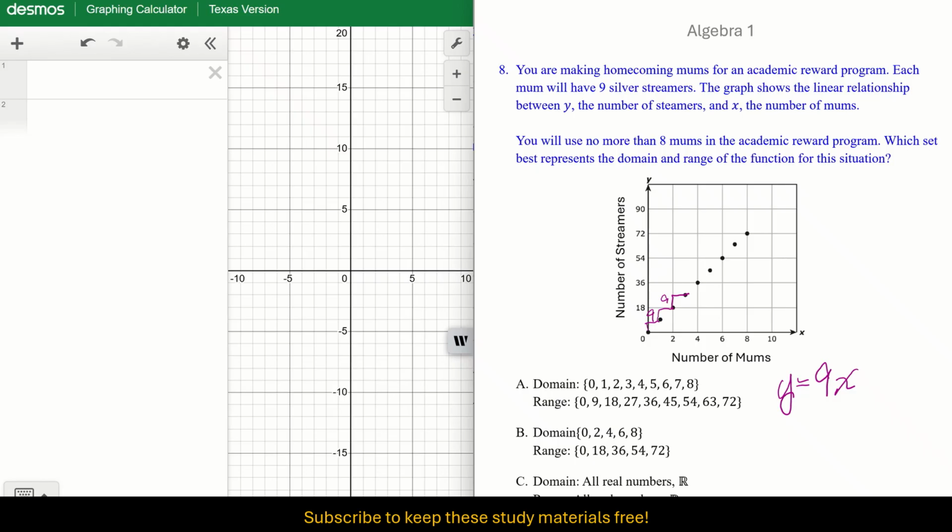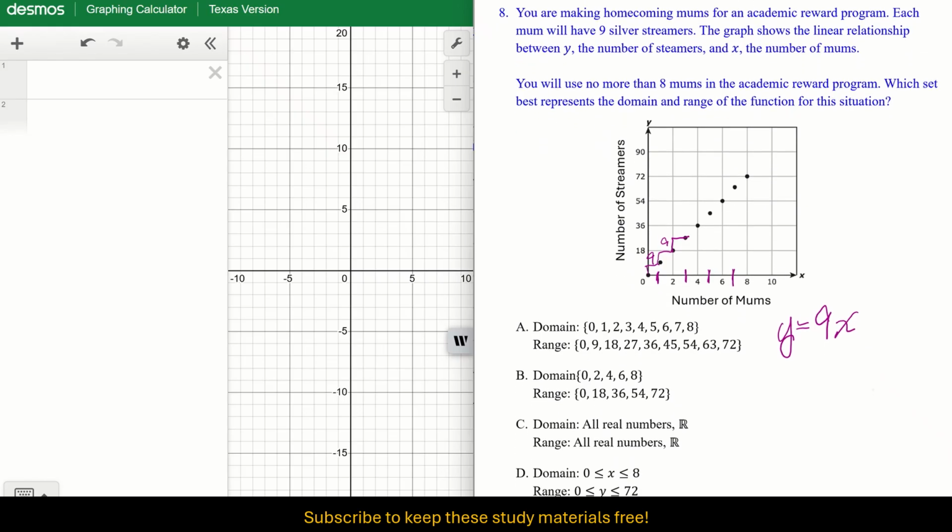Now, we are going to need 0 to 8 mums. So we have 1 mum, 2 is marked, and 3, we have 5 and 7. So we cannot have a domain that just eliminates odd numbers. We need 0 to 8 mums, okay? And that verifies the use of each dot on our graph.